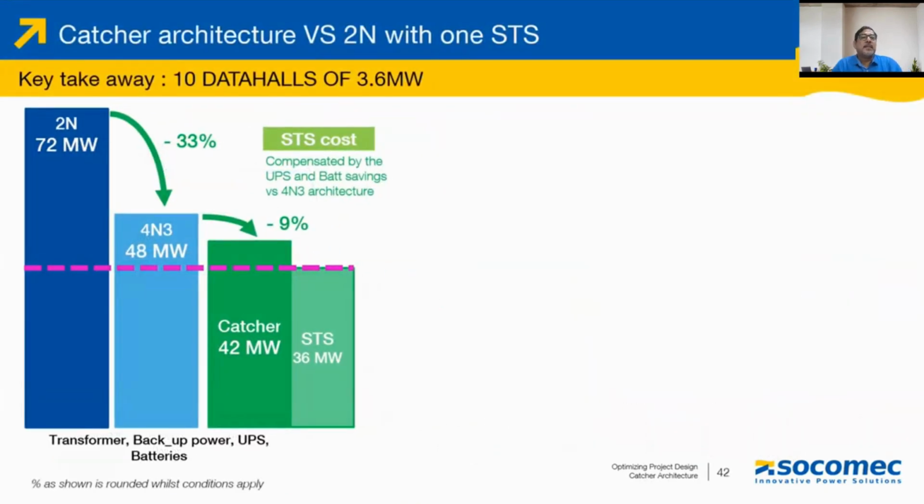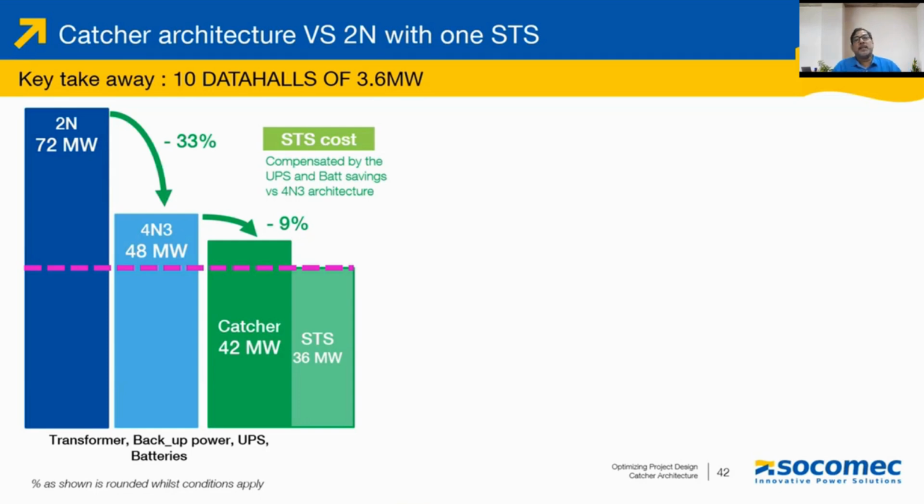So as a general comparison, considering this example of 36 megawatt total for 10 data halls, we can see that the installed capacity, which can be brought down to 48 megawatt using a 4 and 3 architecture, can further be optimized to 42 megawatt along with the STS systems.